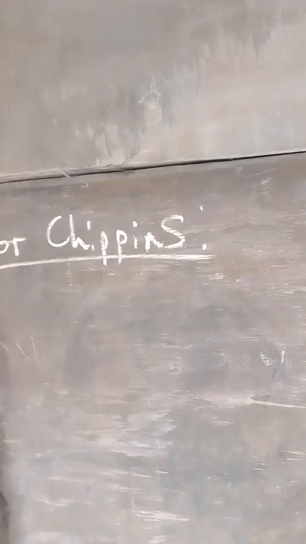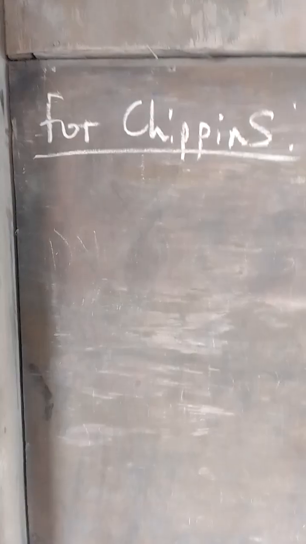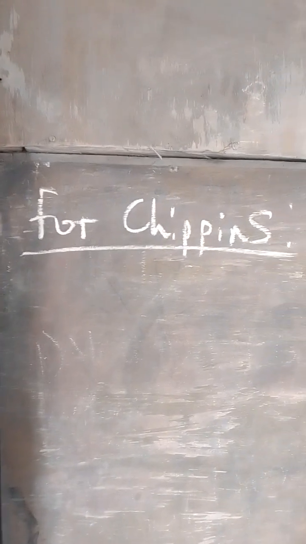For chippings, you want to know how to get the total number of chippings. The young engineers should know this, and the clients should also know this, so that it will be easy for them to calculate, and it helps them to keep an eye out to know when there is wastage or when someone is trying to shift their material somewhere.